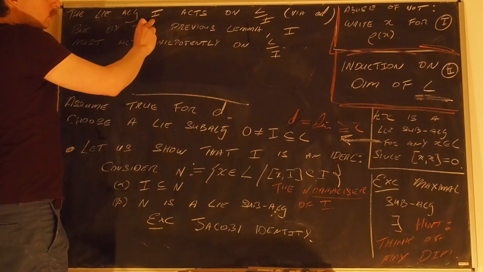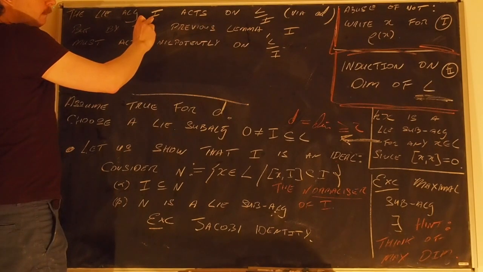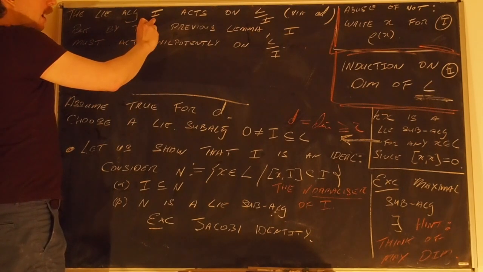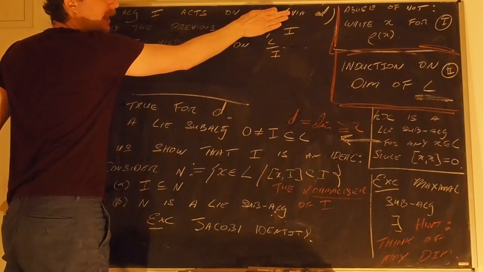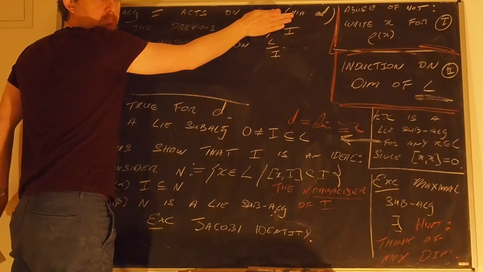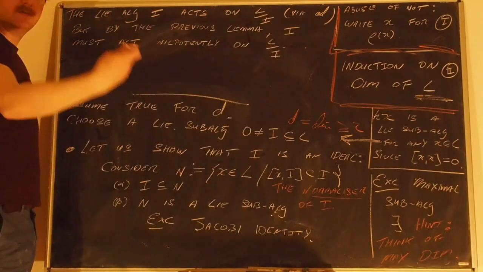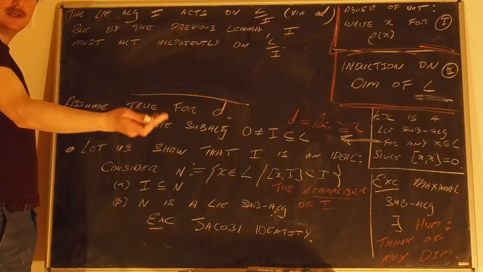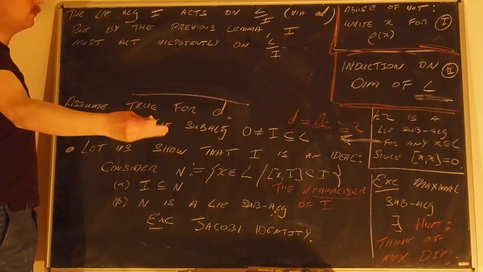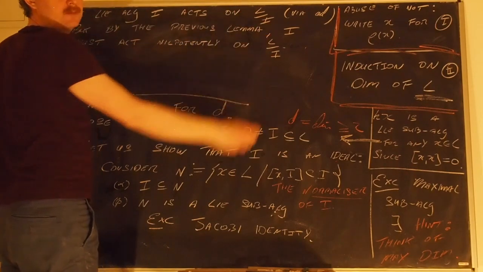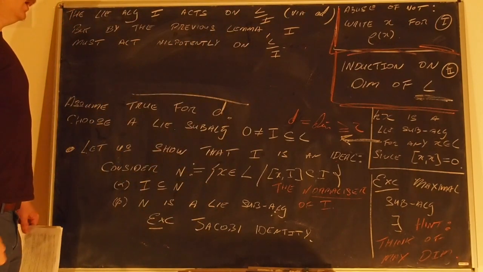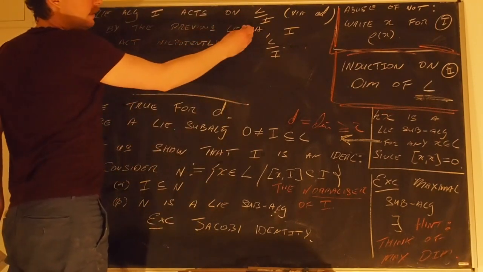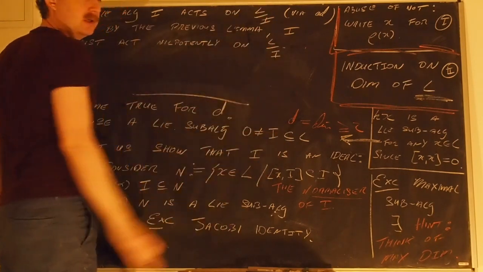Now, that means that I must act on L nilpotently by the previous line. If it acts on the vector space, then it acts on the general linear group, so it will act nilpotently on subspaces. And then, of course, if it acts nilpotently on L, then it will act nilpotently on the quotient.